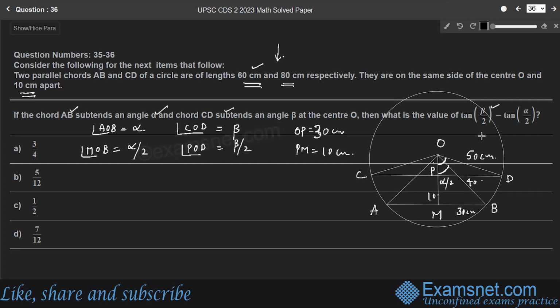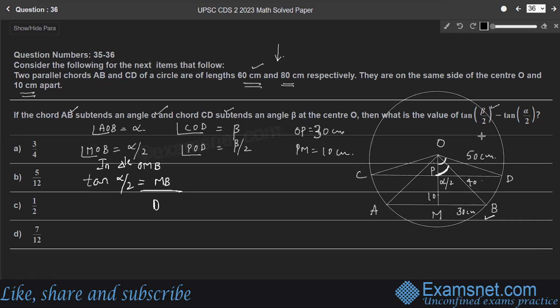Using all these values, let us consider tan beta by 2 and tan alpha by 2. We'll consider tan alpha by 2 first. Tan is opposite by adjacent side. To find that, consider triangle OMB. In that, tan alpha by 2: the opposite side to alpha by 2 is MB and its adjacent side is OM.